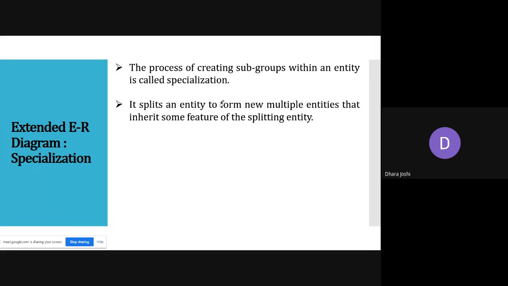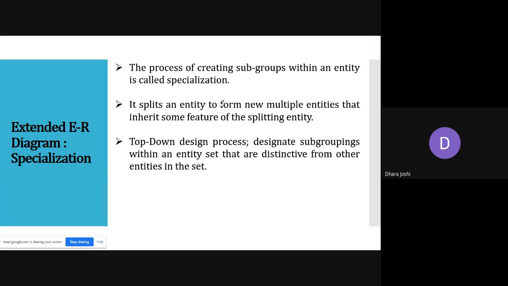If we are talking about loan, if you want to take any loan, there are some common documents you need to submit, some common rules you need to satisfy. So the common ones are kept with that superclass, and the individual special characteristics are kept with the subclasses.